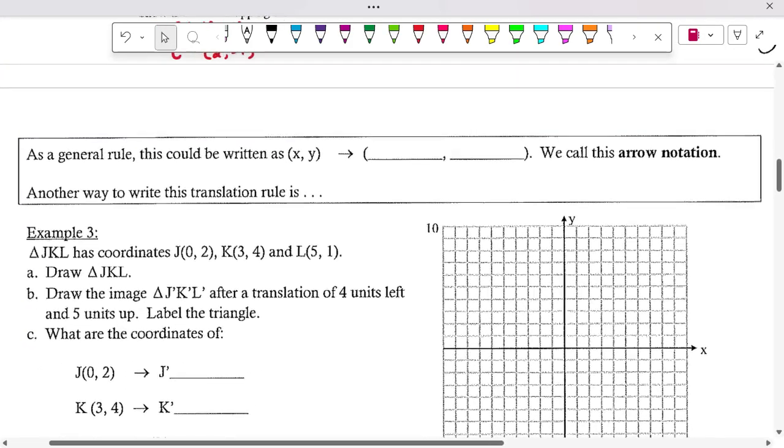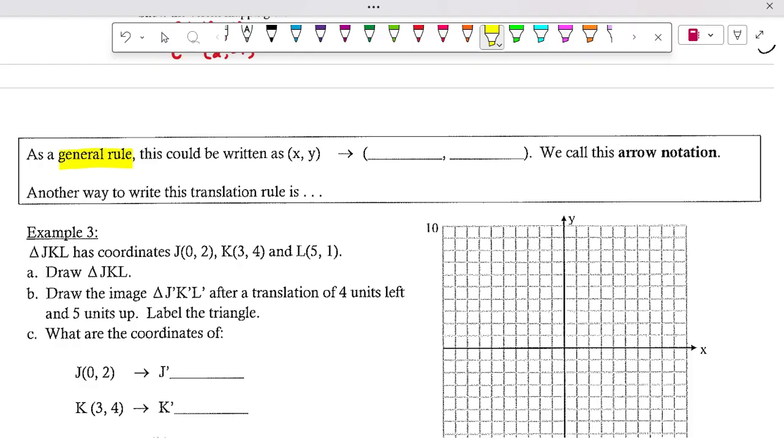So, just so you know, the general rule for writing in arrow notation is you start with x, y maps onto, that's what this arrow means, x plus or minus a, y plus or minus b, where a is your horizontal shift and b is your vertical shift.